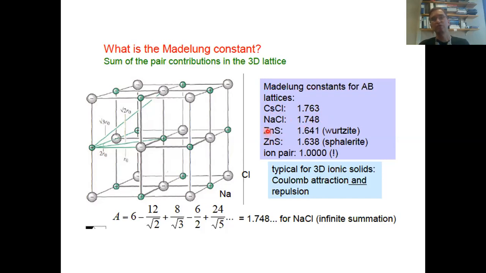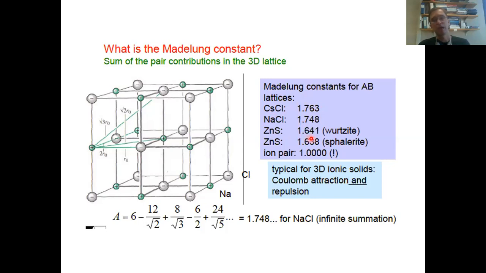And for both the Wurtzite and the zinc sulfide structure, which have very similar values, we have a 4-4 coordination. Okay. If you looked at a single ion pair, the coordination number would of course be 1, and that would give a hypothetical Madelung constant of 1, but that's hypothetical only. You see here that the coordination numbers are slightly correlated with the Madelung constant, but overall the numbers are not very different.